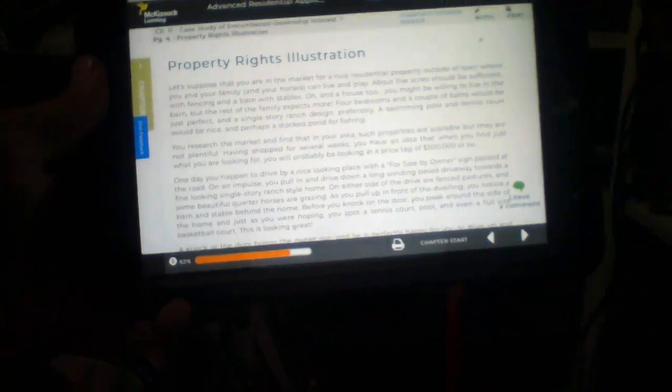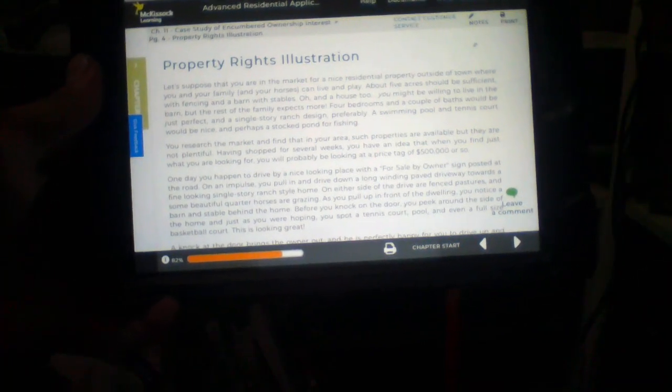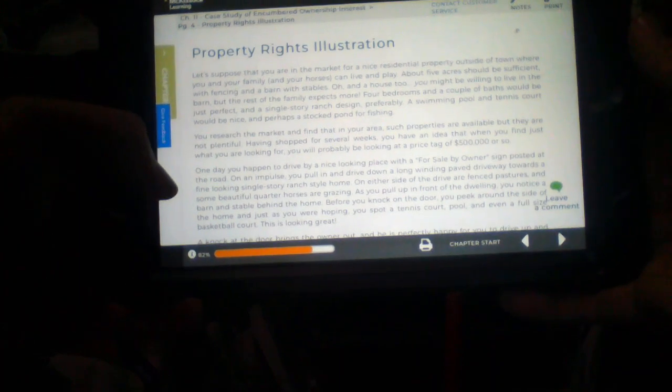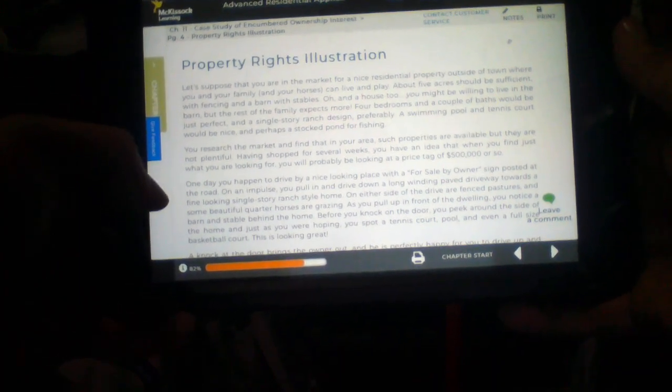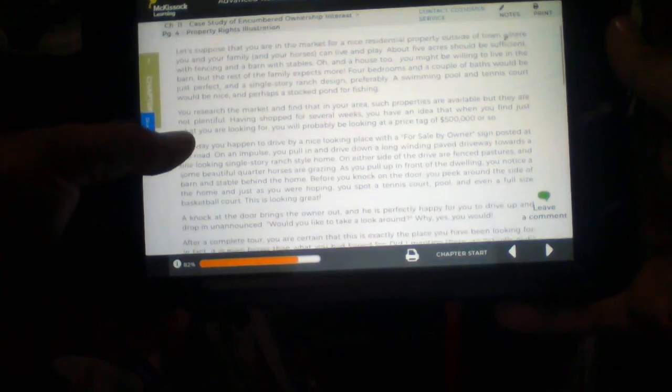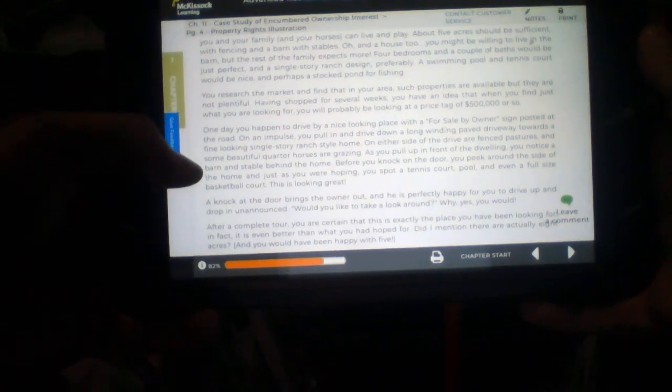Let's suppose that you are in the market for a nice residential property outside of town where you and your family and your horses can live and play. About 5 acres should be sufficient, with fencing and a barn with stables.